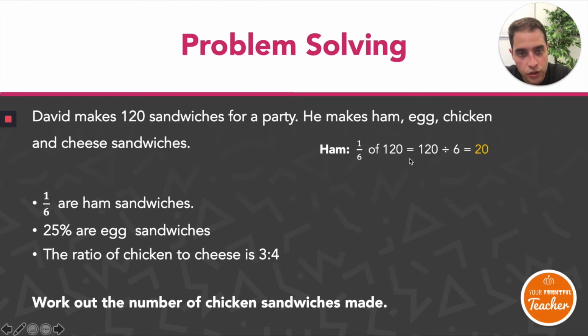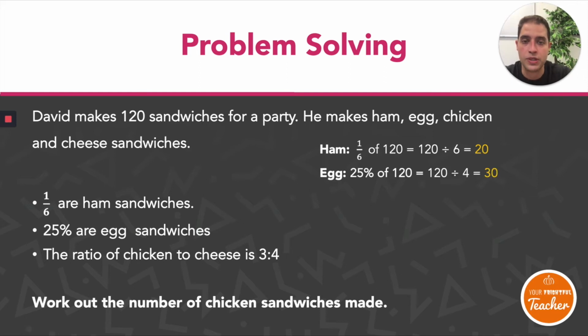I'm dividing the total by the bottom number of the fraction. So 120 divided by 6 gives us 20. So we have 20 ham sandwiches.